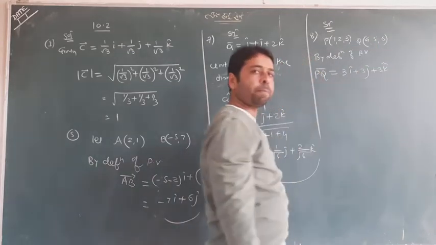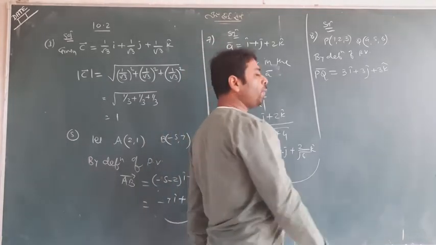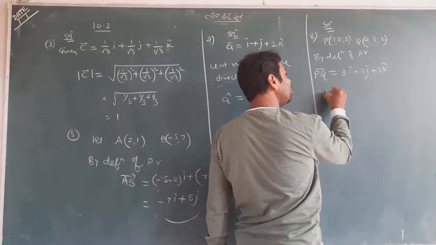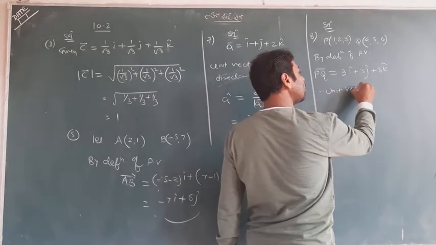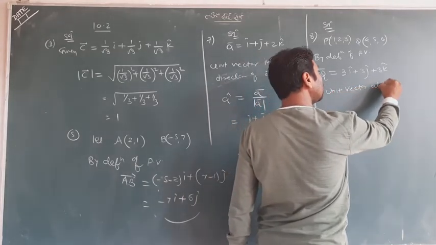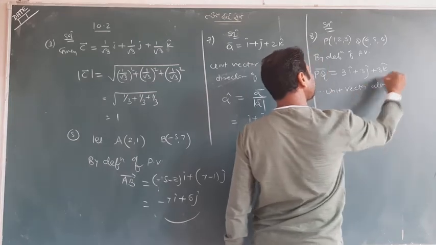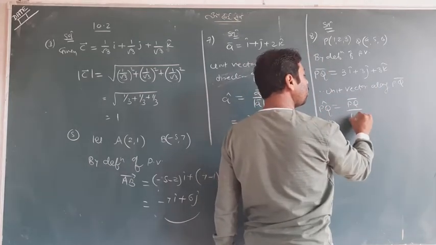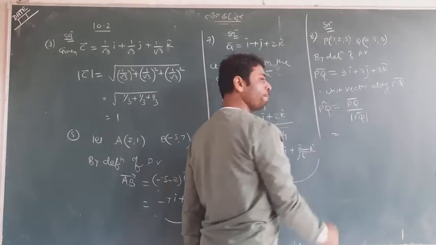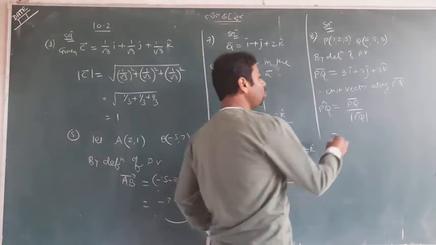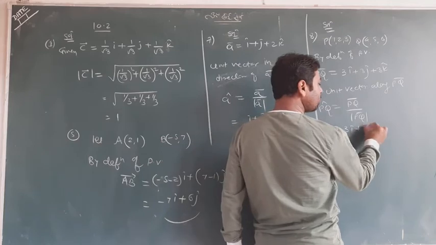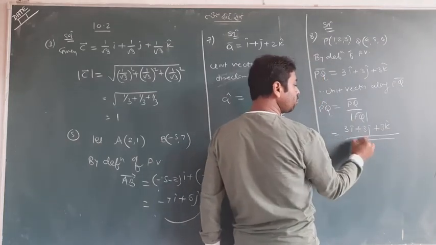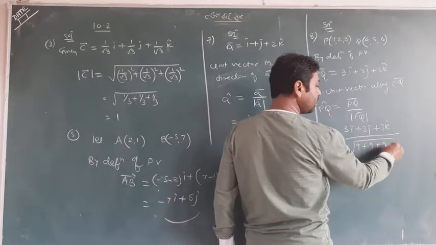That is simple. Now you want to find the unit vector, so use the same method. The unit vector along PQ is given by PQ cap, which is vector PQ upon mod PQ. PQ is equal to 3i plus 3j plus 3k upon mod PQ, which is the square root of 3 squared plus 3 squared plus 3 squared.